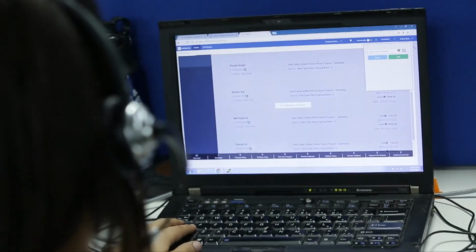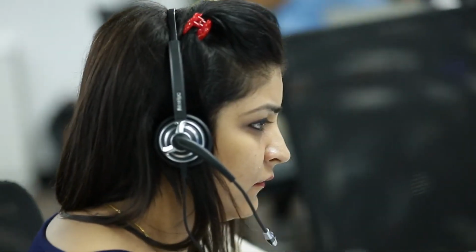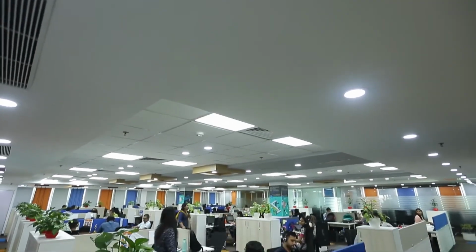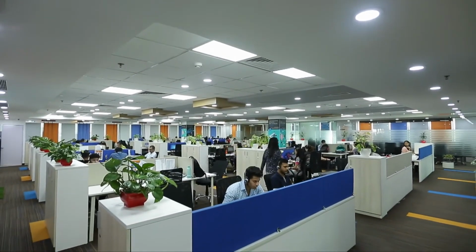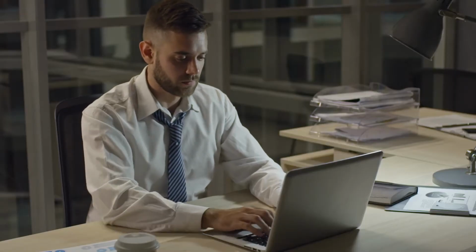Kiyosaki suggests that individuals should set both short-term and long-term financial goals. Short-term goals can include reducing expenses, increasing savings, or acquiring new skills, while long-term goals may involve starting a business, investing in real estate, or building a diversified investment portfolio.